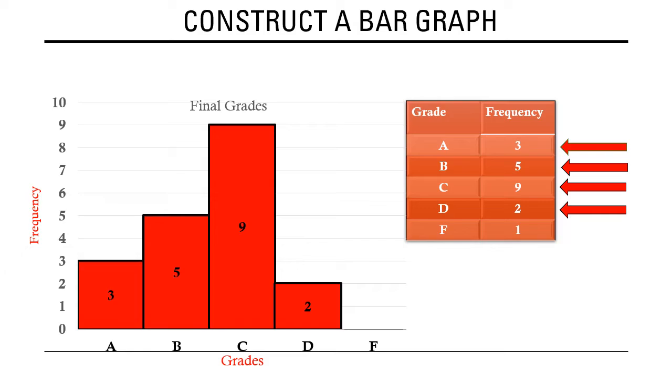From D, a vertical bar that stops at 2. And from F, a vertical bar that stops at 1. So this is the bar graph for this frequency distribution table. Keep in mind, we name the x-axis grades and we label the y-axis with the frequencies.